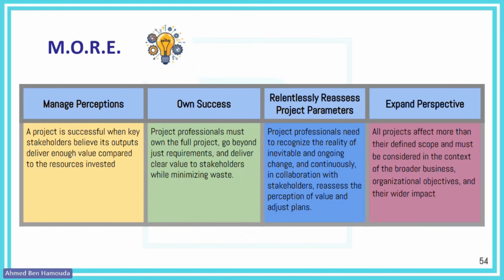Historically, let's go back to a little history. For those of you who know PMI long enough, or even for those who don't know PMI at all, I will go back to history. So historically, project success was narrowly defined by strictly following the triangle we call the iron triangle, or the triangle of the triple constraints, which are scope, budget, and schedule.